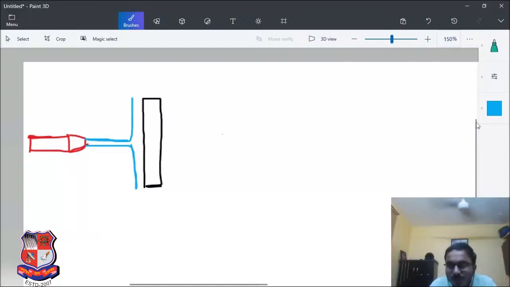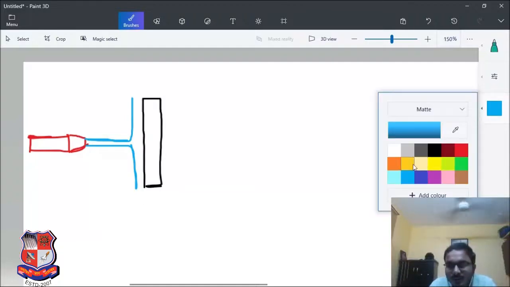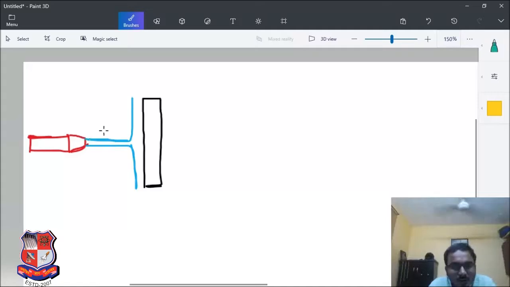And the new thing in this entire theory is, as usual, this water jet will be moving with a velocity v, and this plate is moving with a velocity, let us say, u. So in the previous case this was fixed, but now this plate itself is also moving with a velocity u.